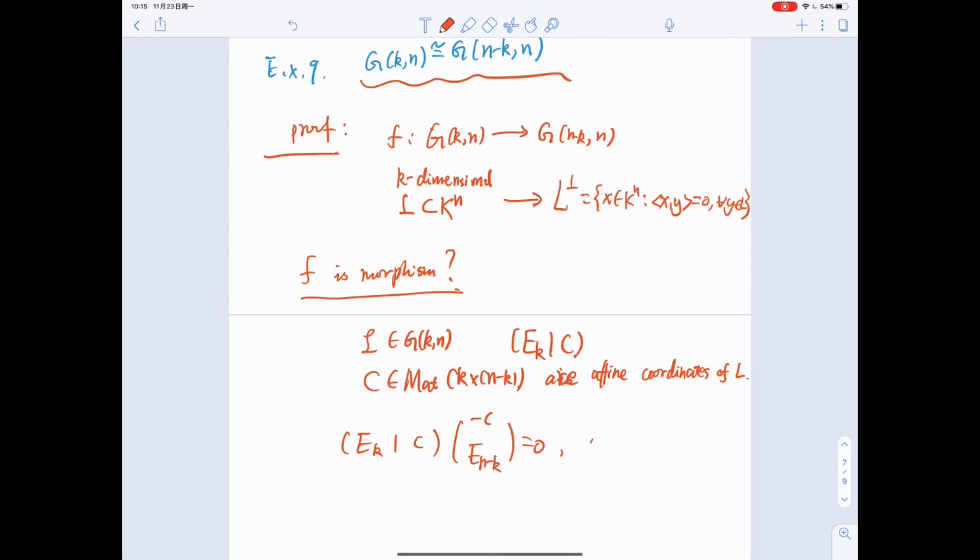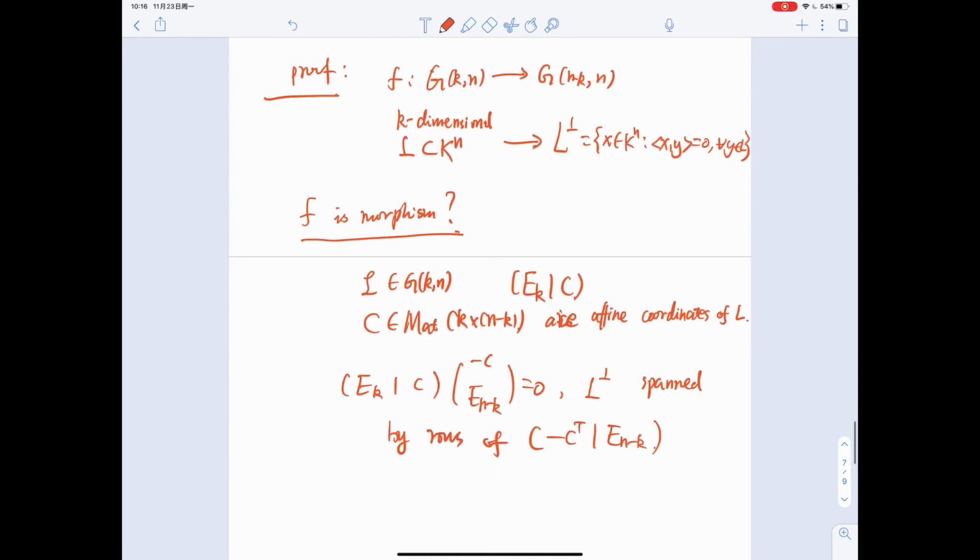So the orthogonal complement is the subspace spanned by the rows of this matrix. But the maximal minors of this matrix are polynomials in the entries of C, so F is a morphism.